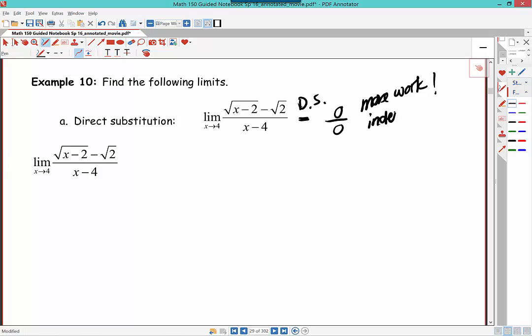I'll write indeterminate since I've been spelling it wrong the whole time. My bad. So the skill for that was to rationalize the numerator. So we'll have root x minus 2 plus 2, and then you balance it out by multiplying the denominator by the same thing.